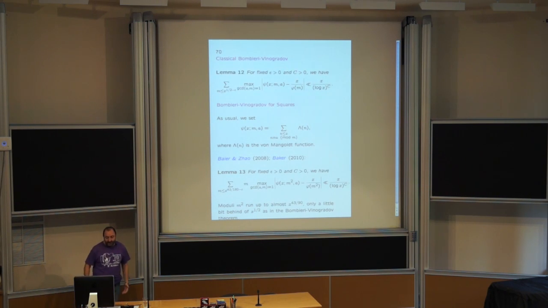Well, let me just explain what Bombieri-Vinogradov tells you exactly. For many reasons, instead of counting primes, it's better to count primes with their logarithms. So it's more convenient to define a function psi, which counts n in the arithmetic progression a mod m, weighted by lambda n, where lambda is the von Mangoldt function.